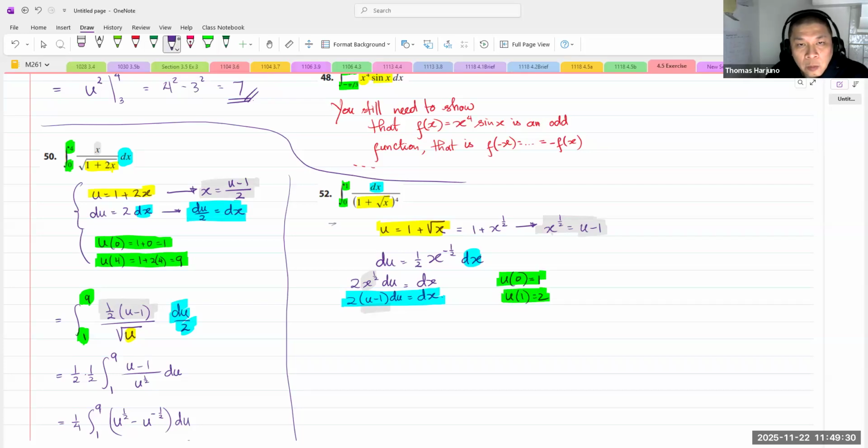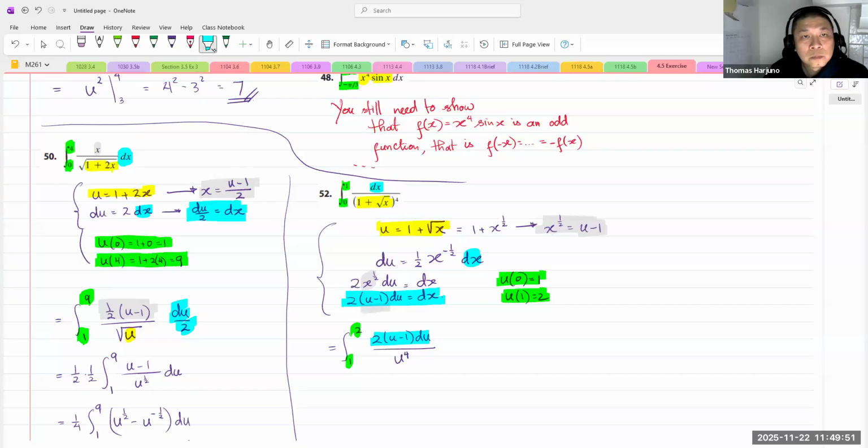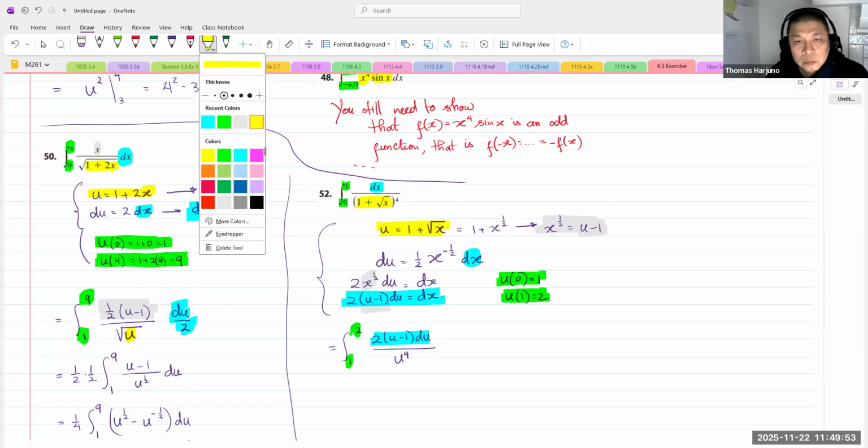Now the integral becomes the integral from 1 to 2. The dx is 2 times (u minus 1) du over u to the power of 4. Let me show you that everything is already accounted for.